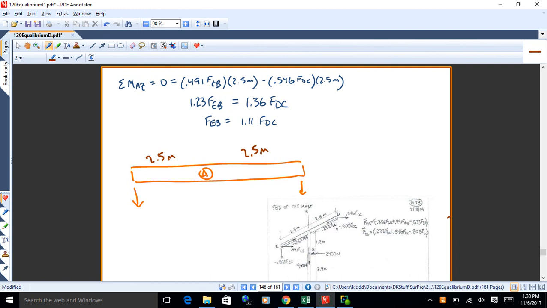Now, notice that even though what I'm working with here are certain components of DC and EB, that's the Y component, all the same what I'm doing is I'm solving for EB and DC. I'm not solving for just the Y component of EB and DC. I'm solving for the entire force. These are components of the entire force. So I know that FEB is 1.11 times whatever FDC is. So that gets me one equation with those two unknowns.